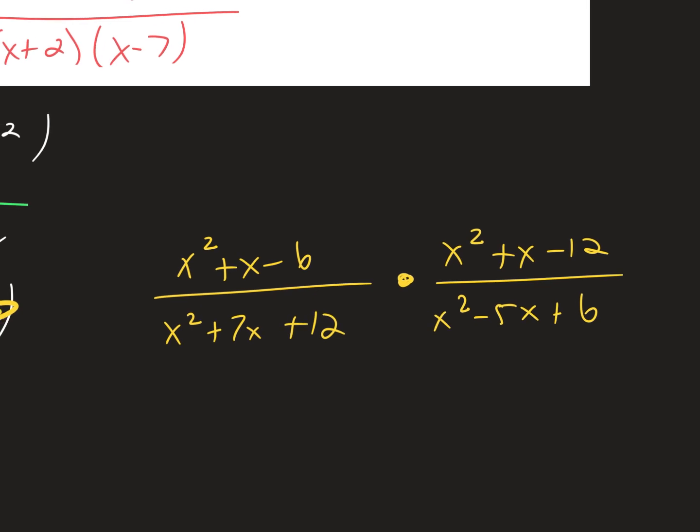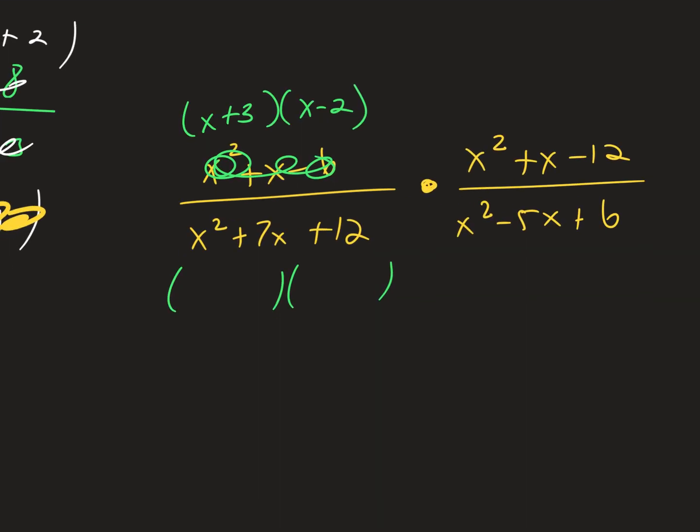All right, top left. What times what is going to give me a negative 6 when I multiply, but a positive 1 when I add? Plus 3, minus 2. You guys agree? Okay. Bottom left. What times what is going to give me a 12 when I multiply, but a 7 when I add? Plus 3, plus 4.